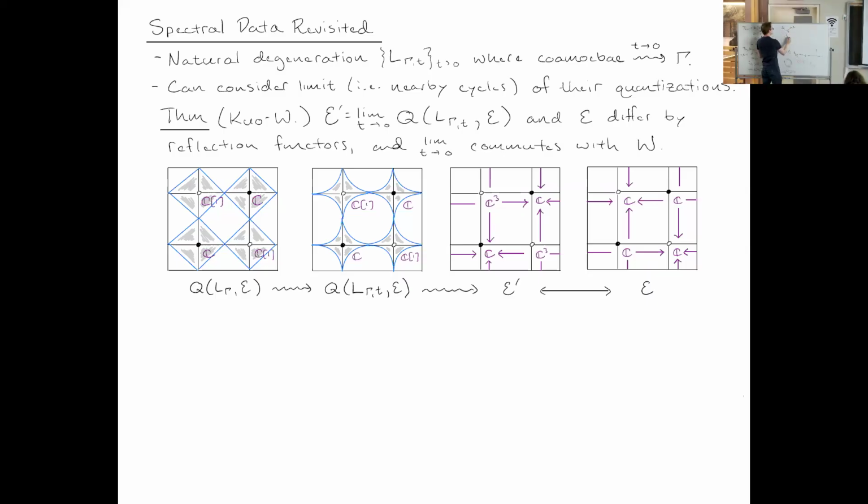Call them A, B, and C. Or sorry, it's receiving arrows from all of those. I can look at the kernel from the sum of those spaces.